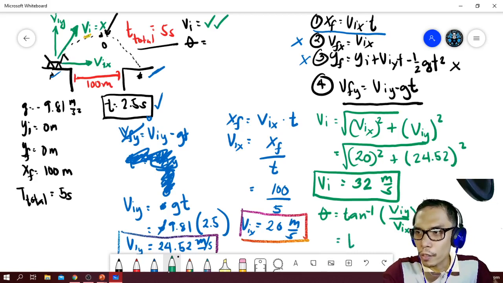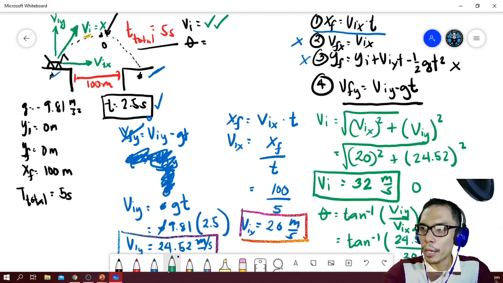Let's put on the values here. Tangent negative 1 is equal to 24.52 over v sub ix, so that will be 20.